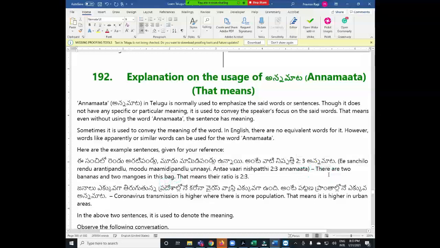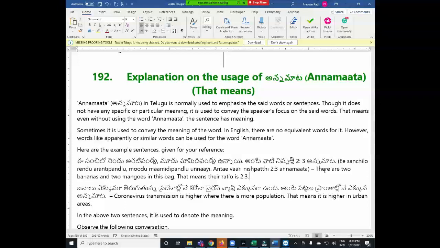If you translate as it is, akkada sanchilo రెండు ఉన్నాయి మూడు ఉన్నాయి, it gives that kind of meaning. But you don't need to say akkada. You can skip the meaning of there, then directly you can say in this bag.